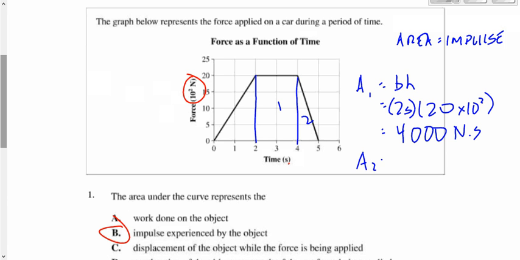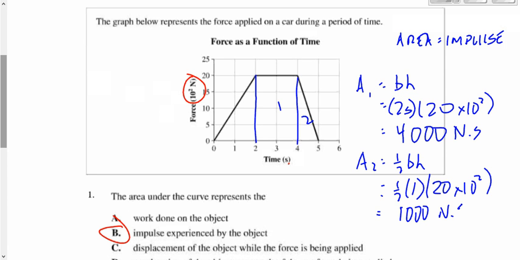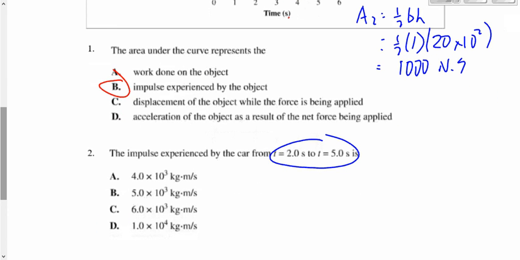Area 2 is 1/2 base times height, because it's a triangle, a right angle triangle, but that doesn't really matter. The base is 1. The height is, once again, 20, but we can't forget the times 10 to the 2. That's going to give me, I think, 1,000. Is it 1,000? What's the total area there? From 2 seconds to 5 seconds, we add those up, and we get 5,000.